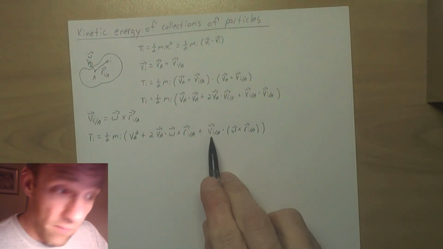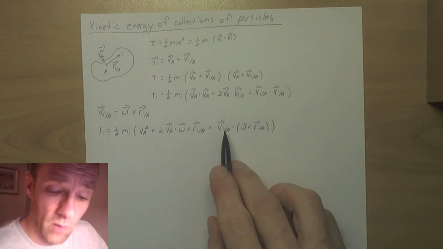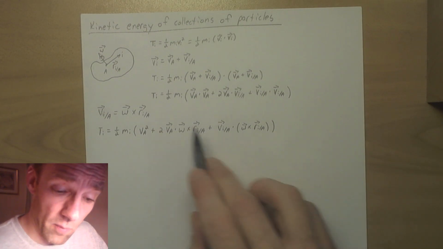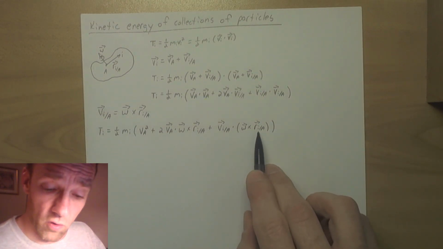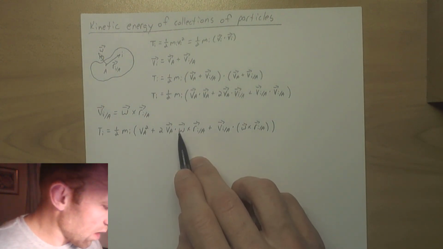So I'm going to leave one of these in the form of the relative velocity because it'll wind up being easier in the next few steps. But one of them I will expand into the omega cross with the relative position. All right.